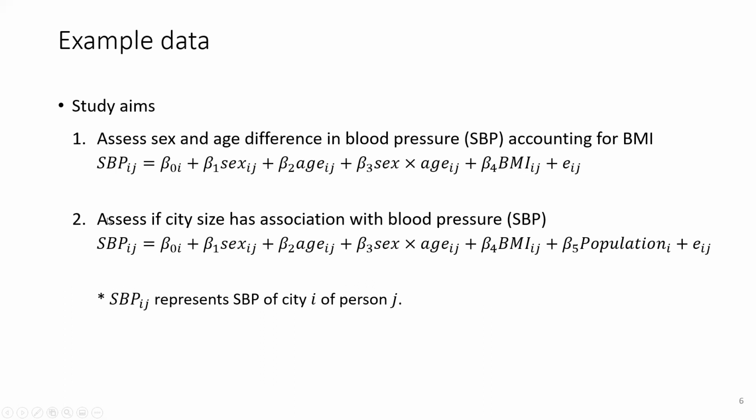And the second one, if city size has association with blood pressure. So I just added city level population size here, and we are interested in this coefficient beta 5. And just a notation, SBP_ij represents systolic blood pressure of city i of person j.